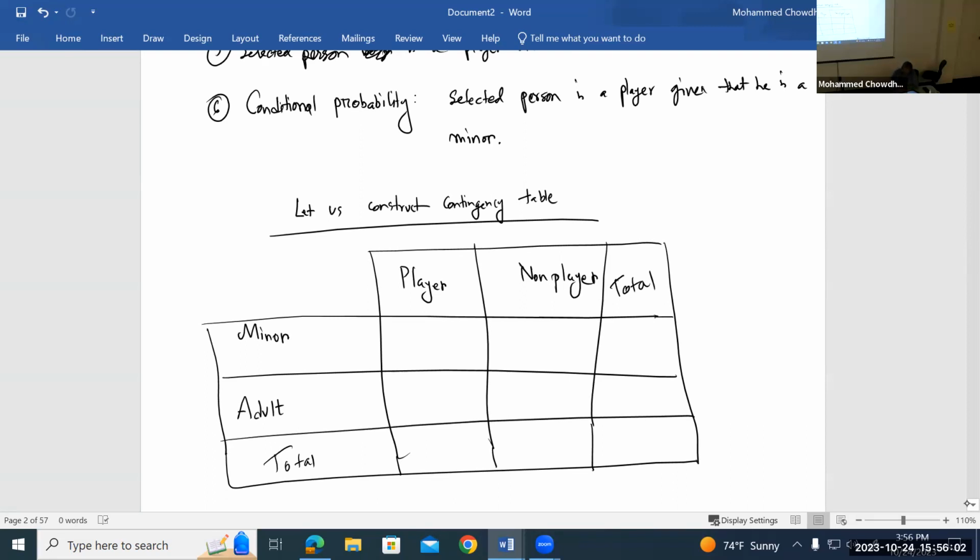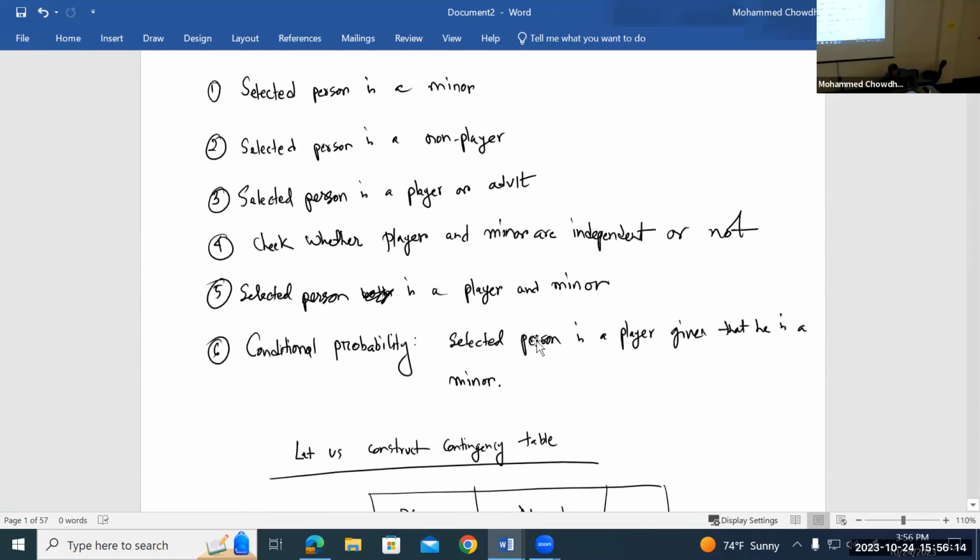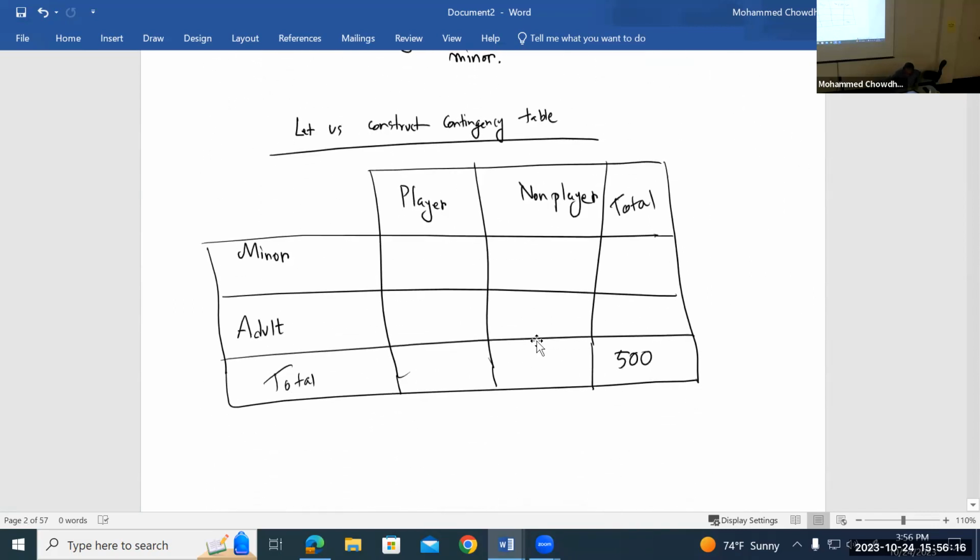So how many people altogether? 500, right? In a community, there are 500 people. 300 of them are minor. So how many adults? 200.